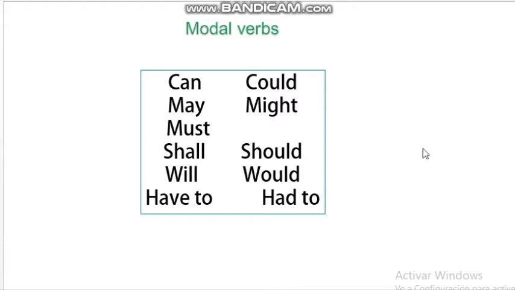As we have in the chart that you see in the picture, we can find some of the most common modal verbs in the English language: can, could, may, might, must, shall, should, will, would, have to, had to.